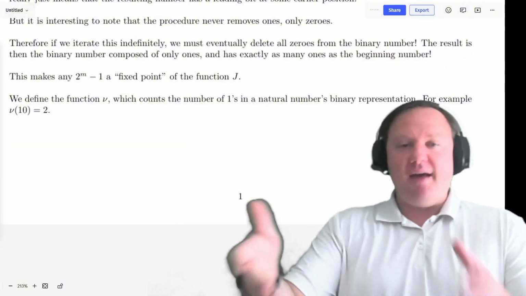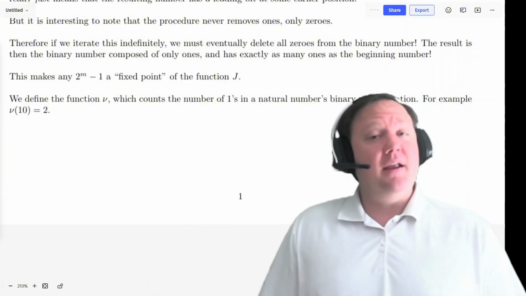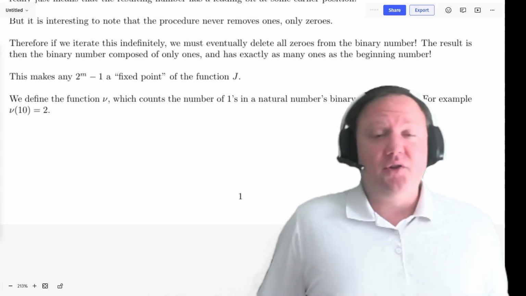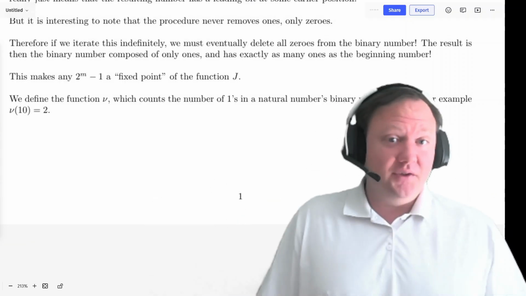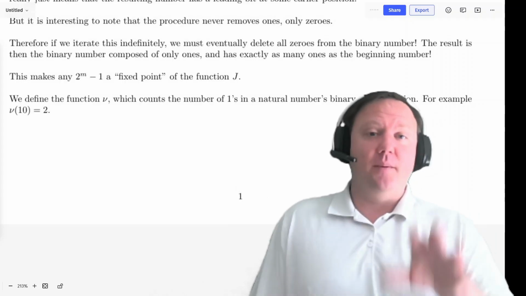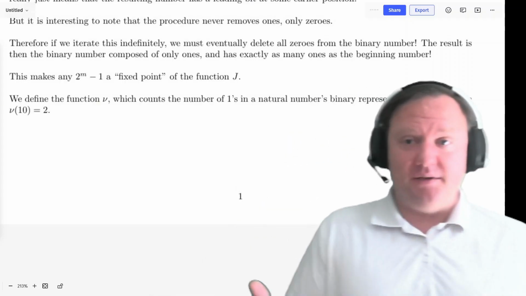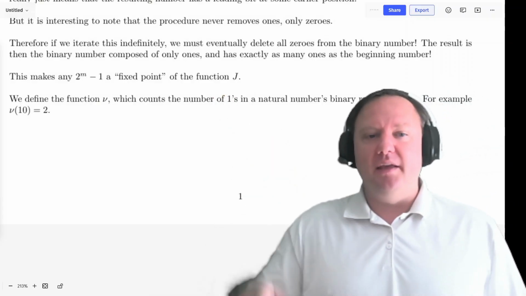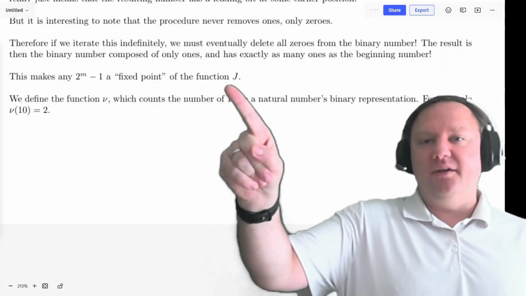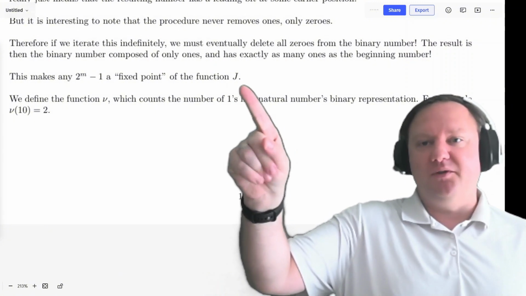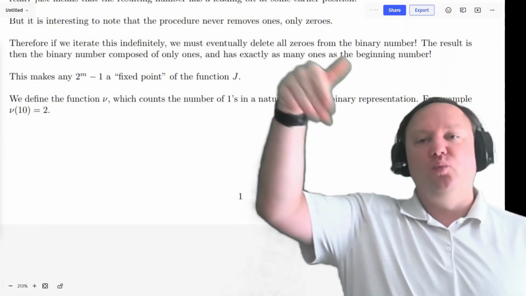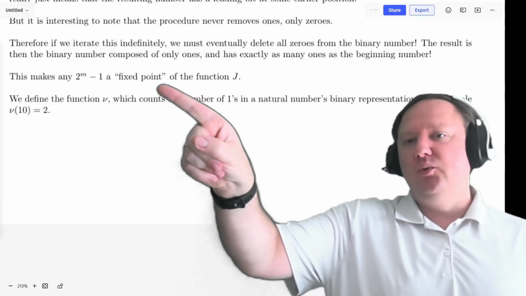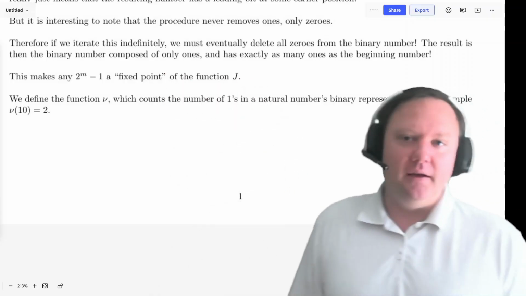If you have a given number written in its binary expansion, we may want to compute how many 1s are in its binary representation, because if we can find that number, then the fixed point to which you will eventually converge for the Josephus function will be 2 to that number minus 1.